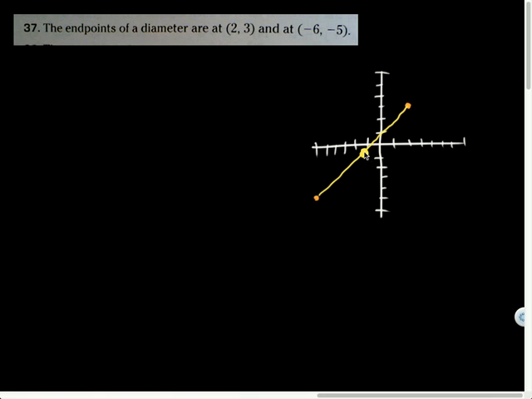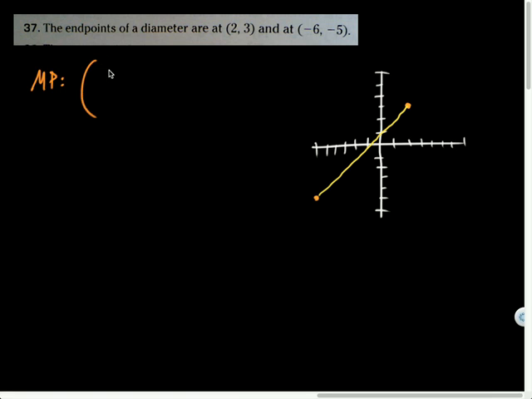So let's see. My center is going to be right here somewhere. To find my center, I could actually use the midpoint formula between those. The midpoint is the same as the center in this case, right?